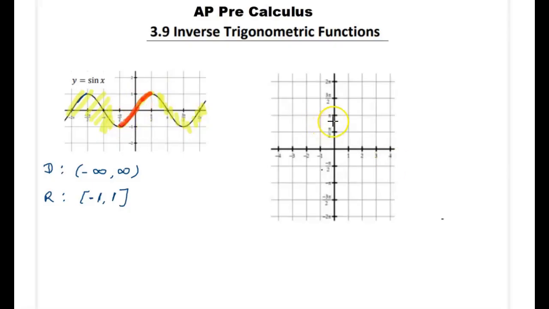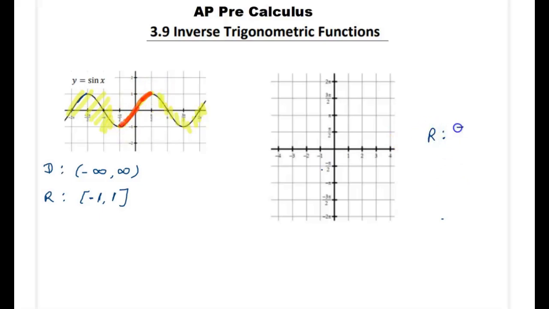And we know that for an inverse function, x and y values get exchanged. So the x values come along the y-axis and the y values come along the x-axis. Here we have restricted the domain from negative pi over 2 to pi over 2, which is the range for the inverse function.